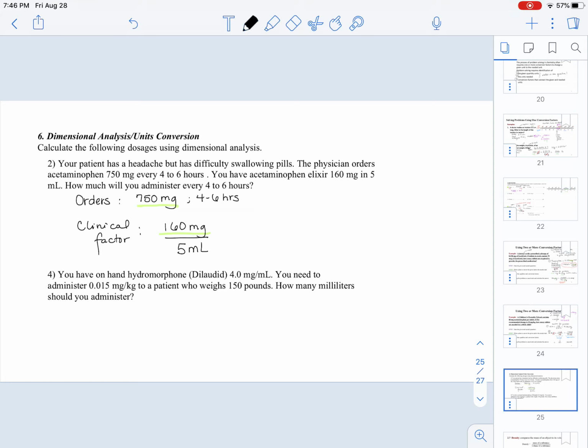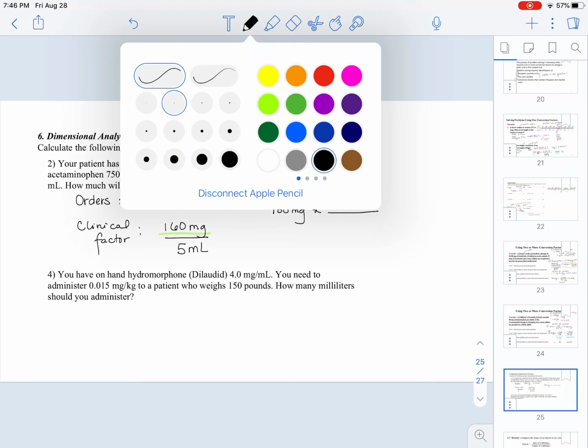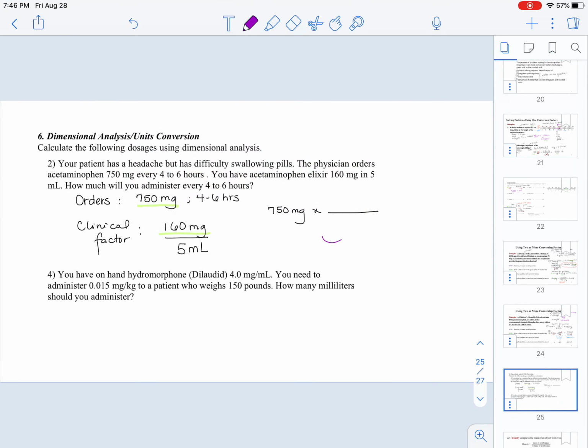What I'm going to write is the order that the doctor gave me for that particular medication, and then I'm going to use as a factor my clinical factor. So my conversion factor here is going to be my clinical factor.